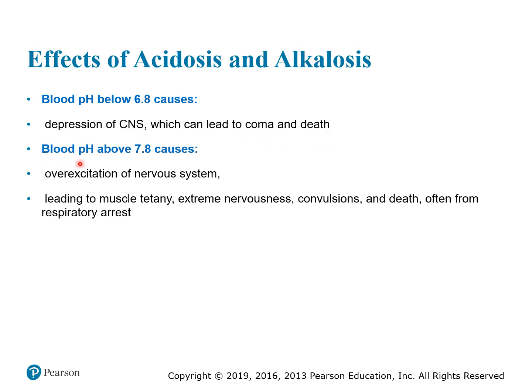And when the blood pH is above 7.8, this is also alkalosis, there will be overexcitation of the nervous system, which leads to muscle tetany. In tetany, there are sustained contractions of the muscles, extreme nervousness, convulsions, and death often comes from respiratory arrest, because the respiratory muscles, the diaphragm and the external intercostals, stop functioning.